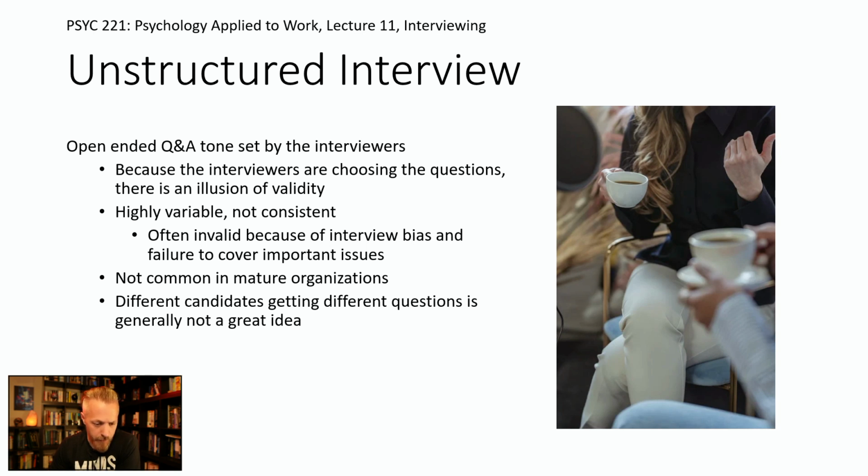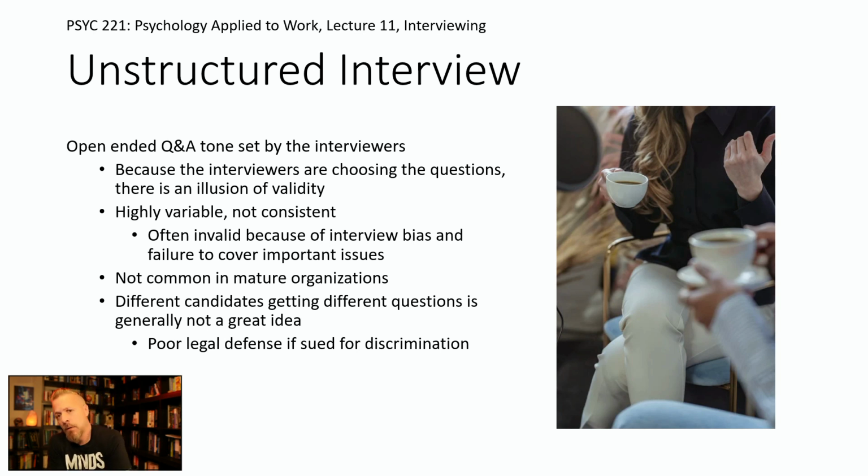The other side of this is it's generally a dumb idea, or at least it's ill-advised from a protecting your business and making sound business decisions standpoint, to ask different people different questions. And one of the reasons is if you ask 10 people that you interviewed all completely different questions, and then you hired somebody, you're giving a case, or at least you're strengthening the case of the people you didn't hire, that you maybe gave the person that you did hire softball questions, and you gave the people you didn't hire really difficult questions because you didn't like them.